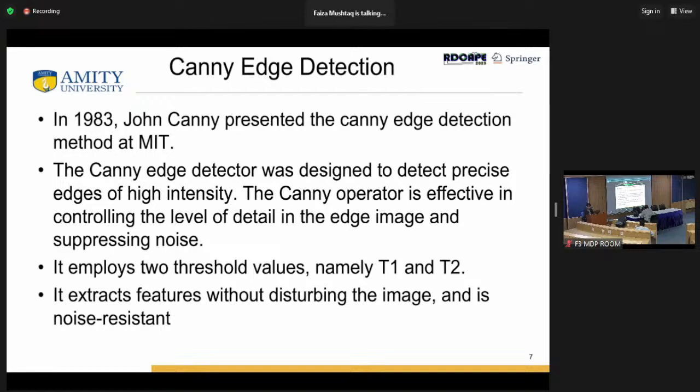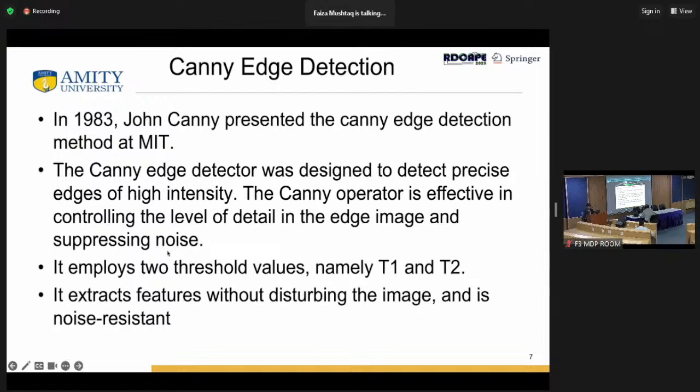This is the first edge detection, Canny. It came into existence in 1983 and was presented by John Canny. The Canny edge detector was designed to detect precise edges with high intensity. The Canny operator is effective in controlling the level of detail in the edge image and suppressing the noise.